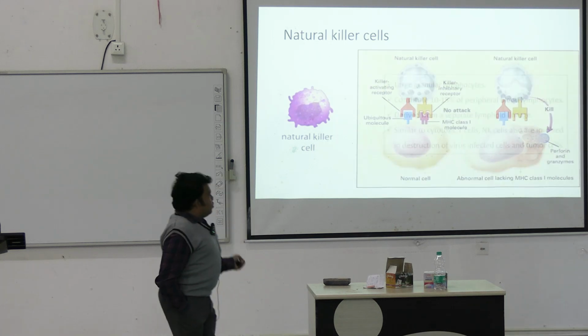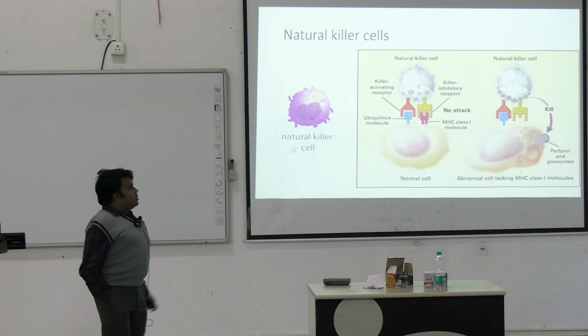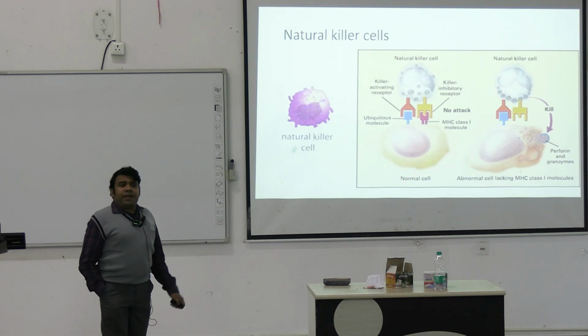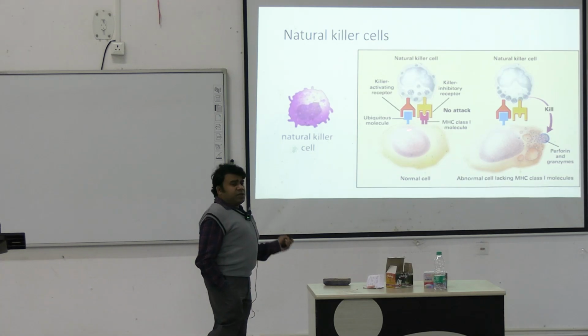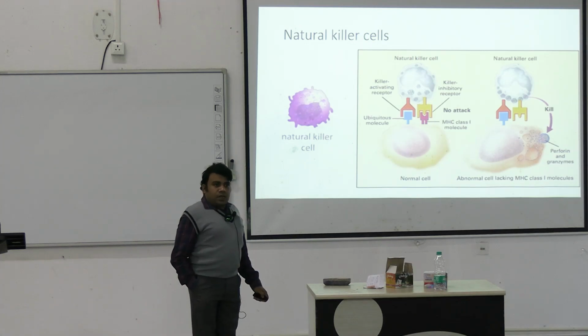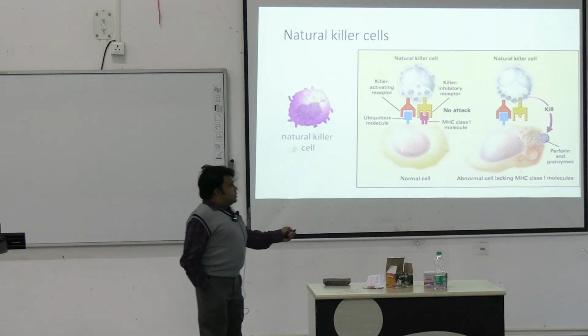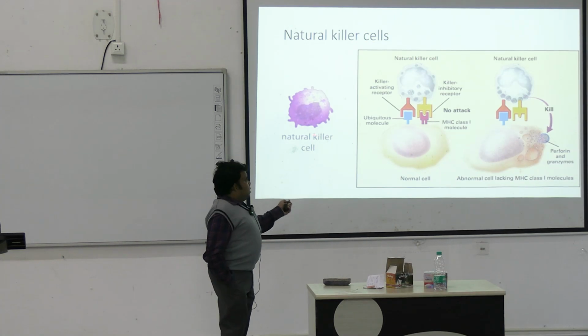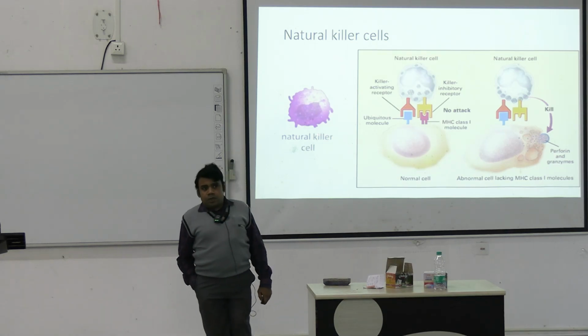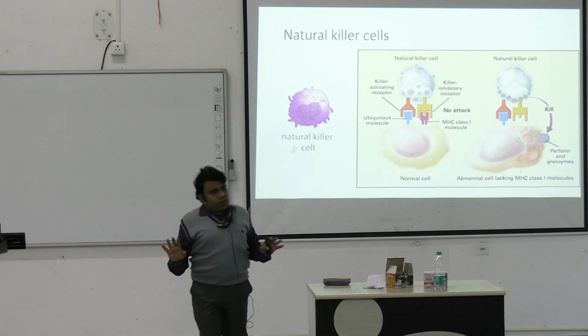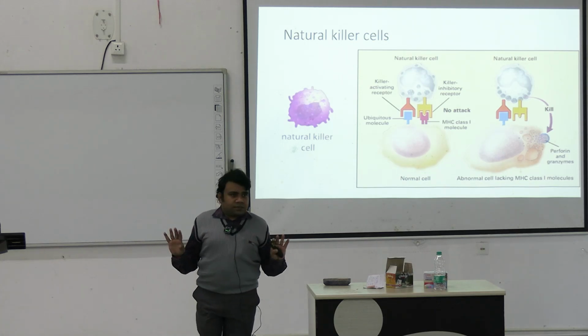There lies the question of this molecule called MHC molecule. Most of the human cells will show this MHC molecule. Now suppose this is a normal cell, the killer cell comes and it recognizes the MHC molecule.